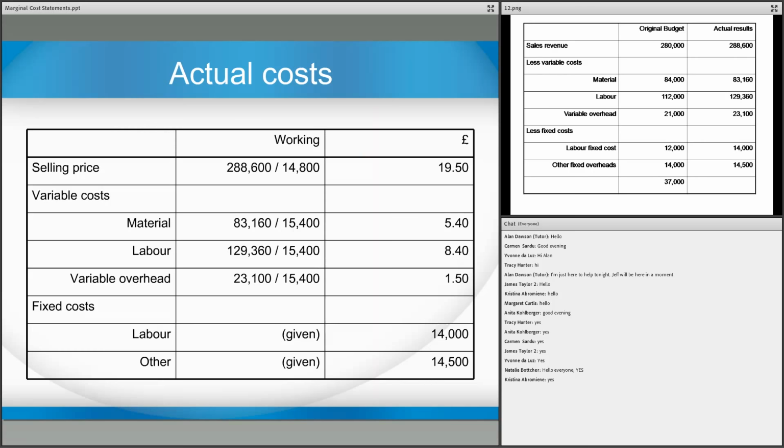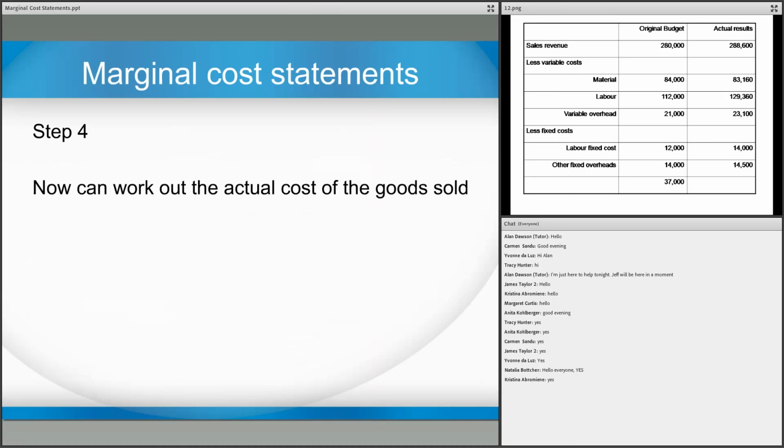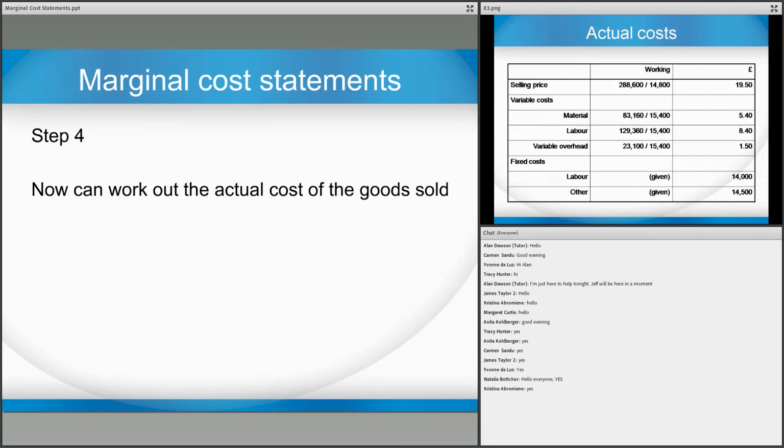Now, at this point, we're going to switch back to our actual cost card. We'll put that up into the corner. And there it is. That's the one we've just produced.